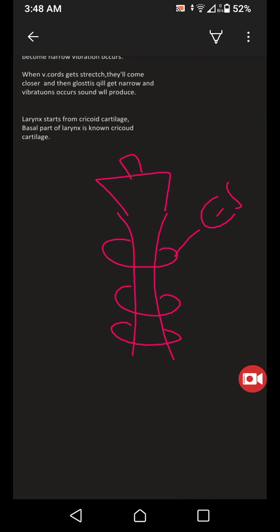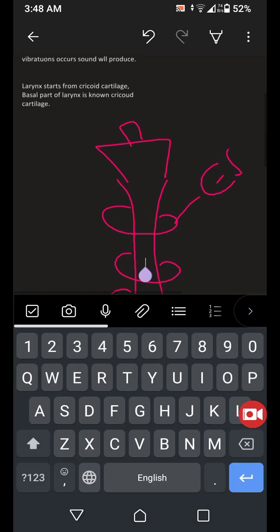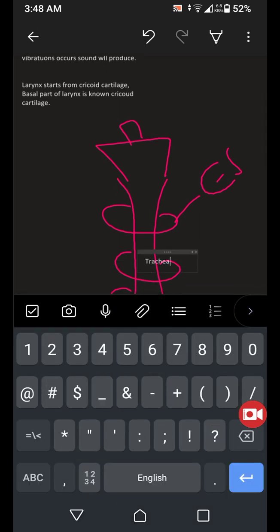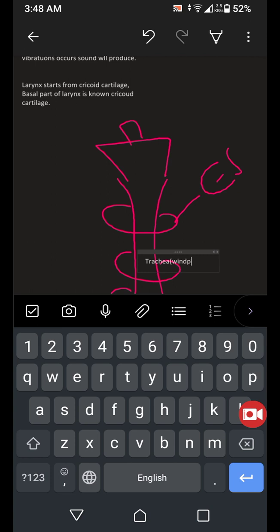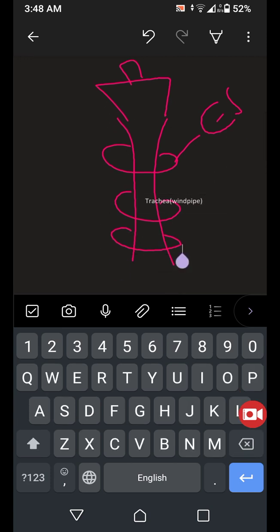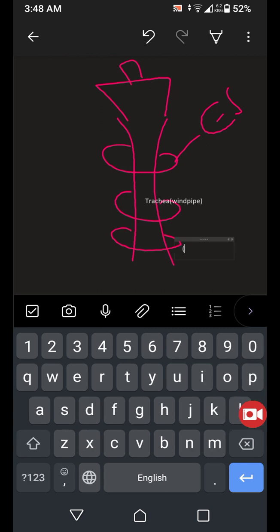Let me tell you that this one is the trachea, that is also known as windpipe, and the C-shaped. Sorry. The size of the trachea is 10 to 12 centimeter.